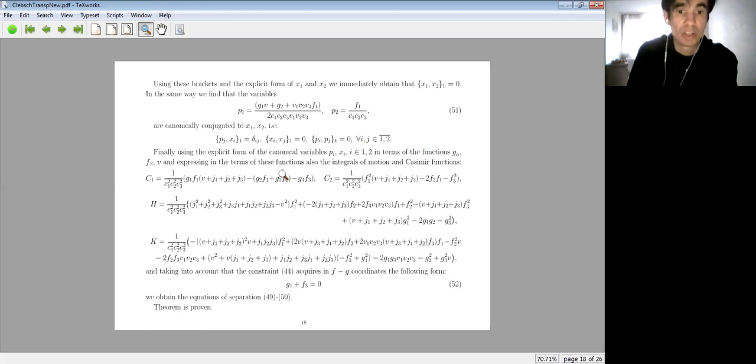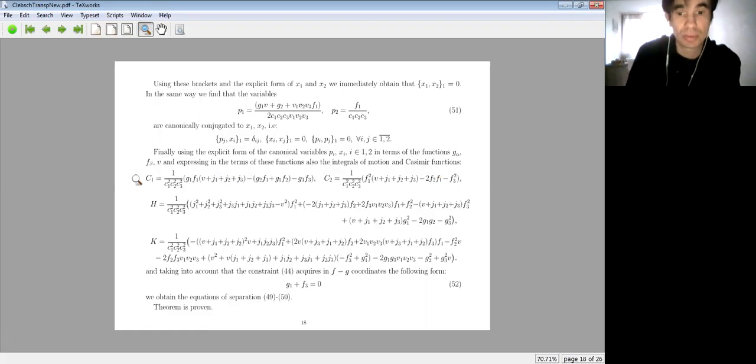Finally, using the explicit form of variables pi xi in terms of functions g alpha, f beta, we re-express in these terms the initial dynamical variables and then also integrals of motion and Casimir functions.